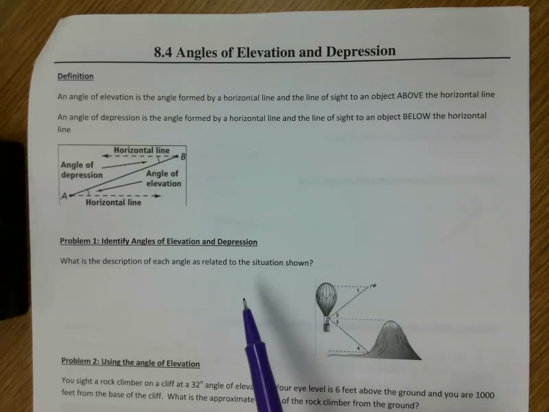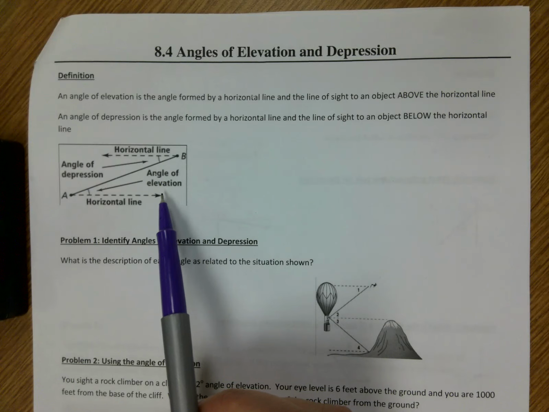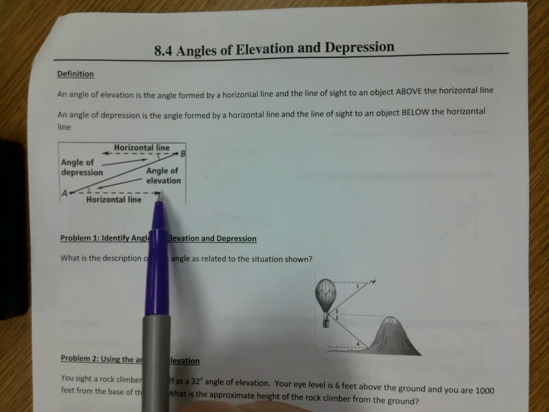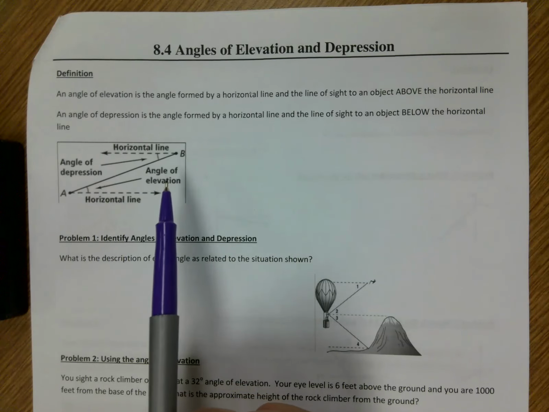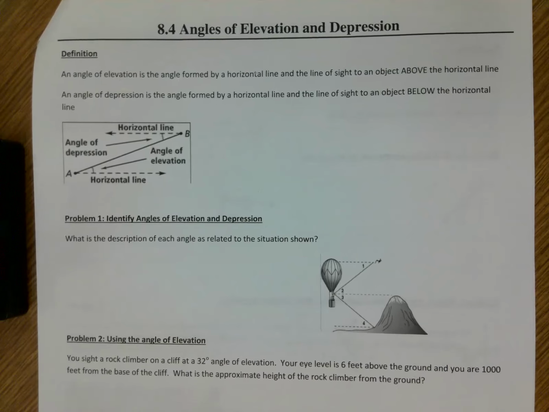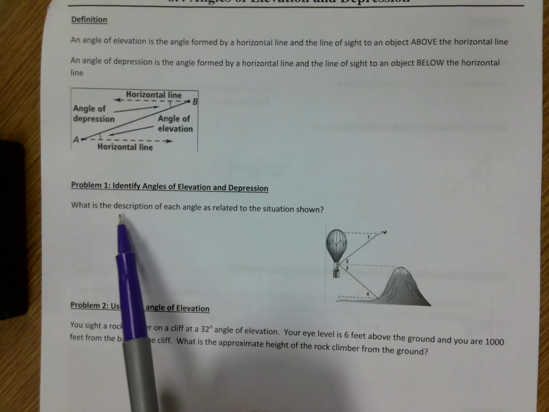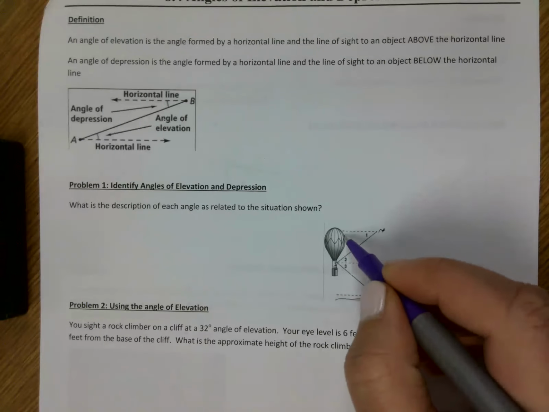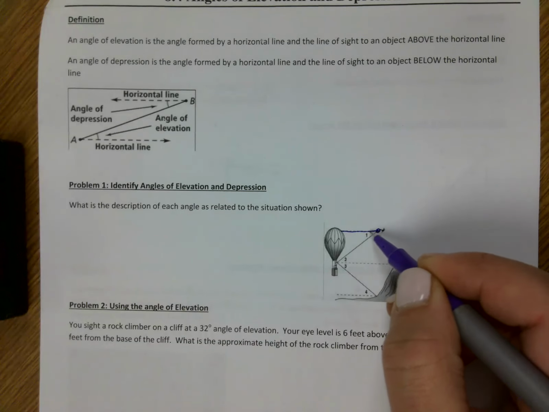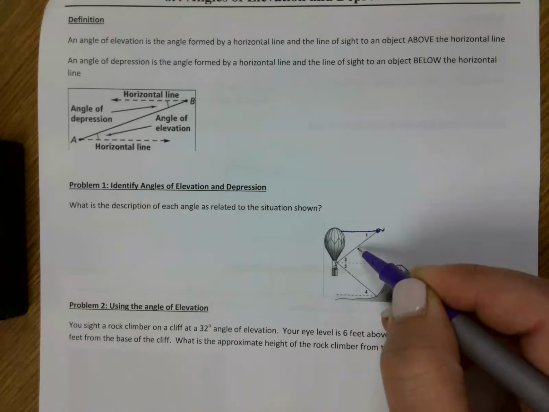Now we're going to get into word problems where you have to draw a right triangle based on the information given. Wherever you start, you should always begin with a horizontal line, because it will help you draw in your right triangle. First, describe each one of these. This one has a horizontal line here. If I'm looking this way, is angle 1 looking up or down?